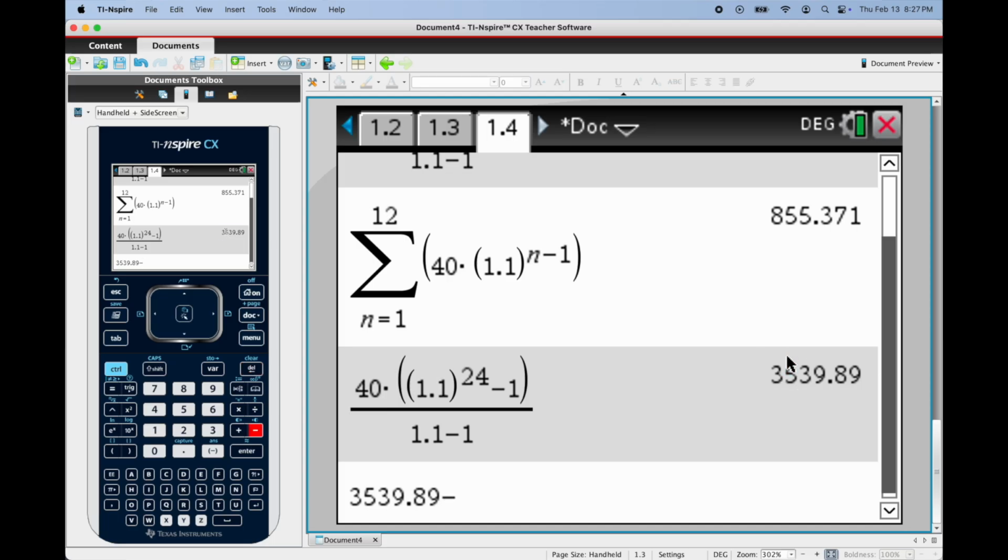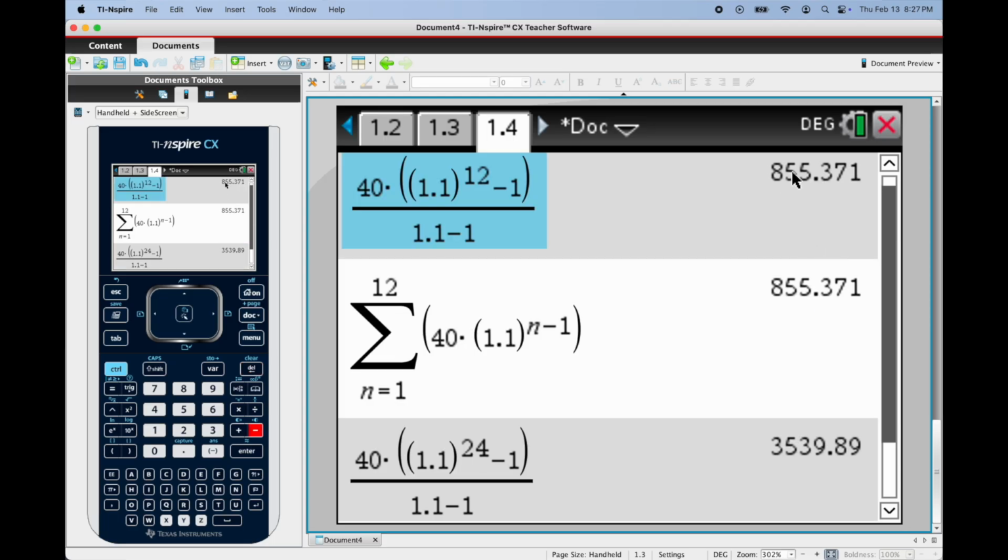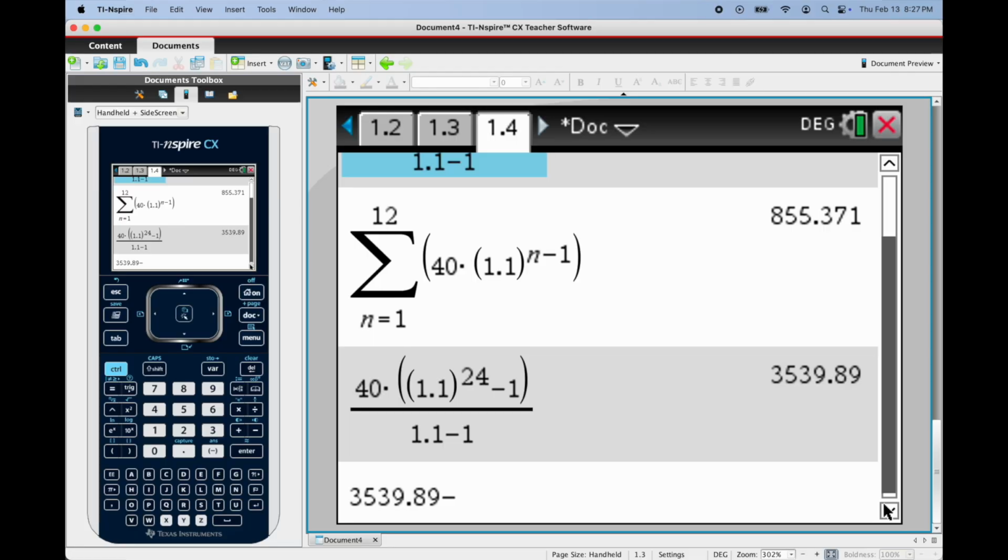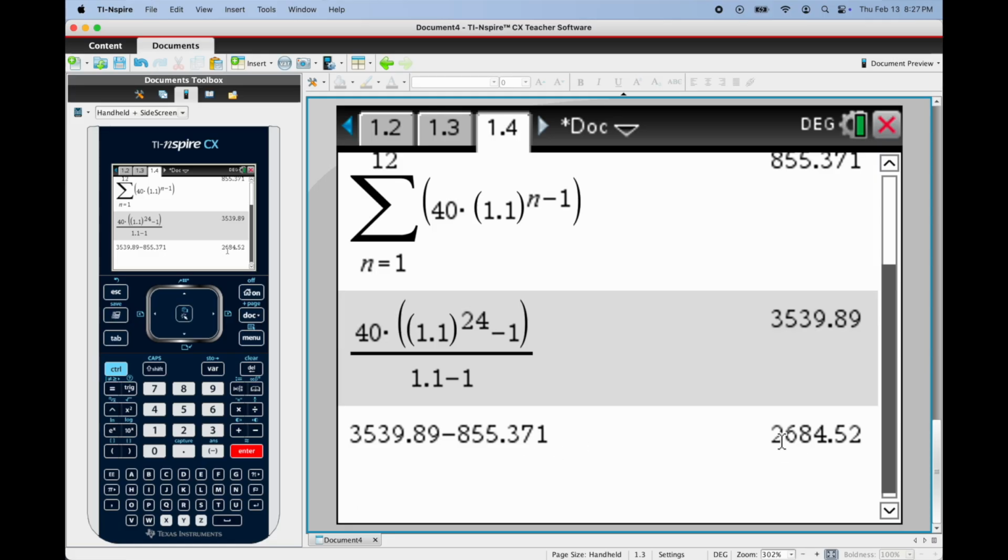If we take away how many cars we sold just in the first year, then we'd have the cars that we sold in the second year exclusively. So once again, sorry, maybe all these digits got in the way, but this is how many cars we sold after 2 years. This is how many cars we sold in the first year alone. So if we take the number of cars sold after 2 years, take away the number of cars that we sold after just 1 year, that would give us the portion that we sold in the second year.